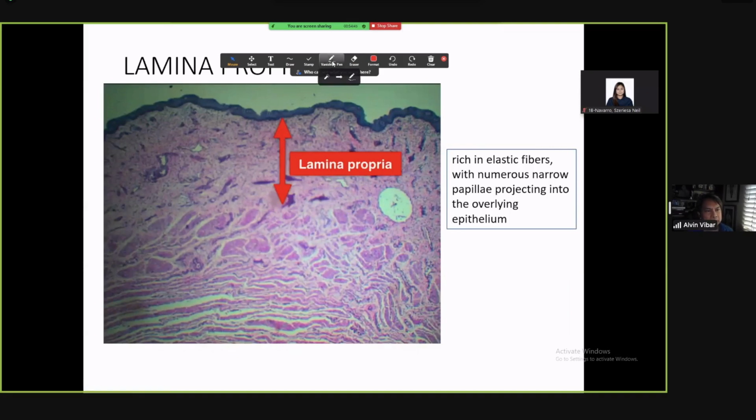You can see here, immediately beneath the lining will be the lamina propria. Okay, the lamina propria basically is made up of a loose connective tissue, which is rich in elastic fibers. Okay. And this one, starting from this part, will be the muscular layer, the tunica muscularis layer.